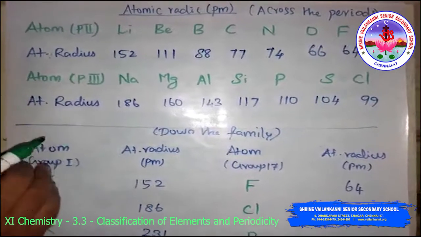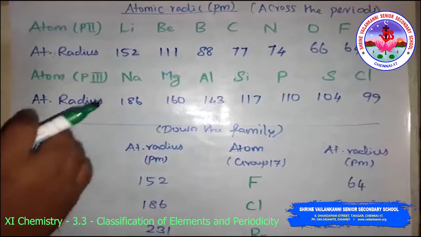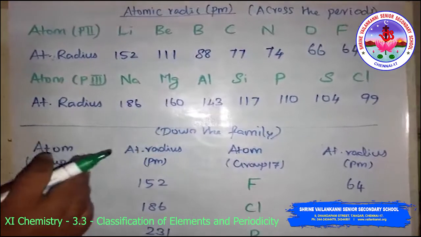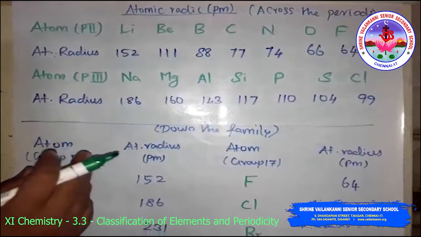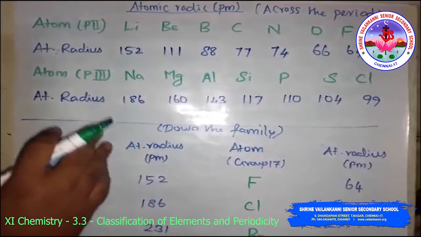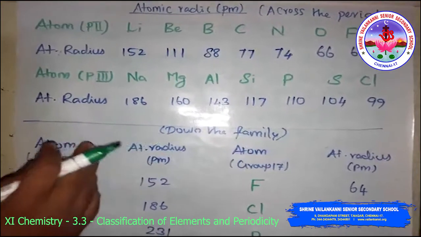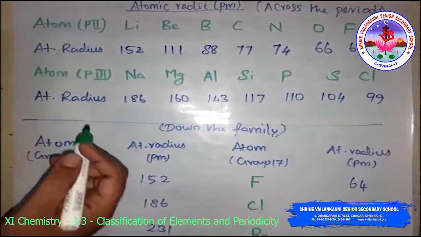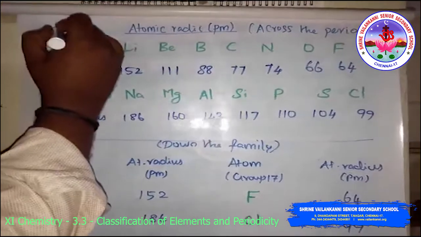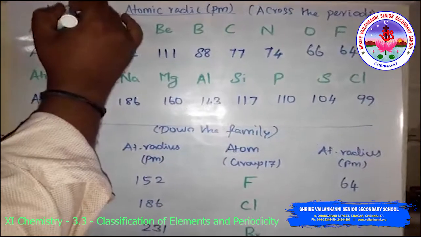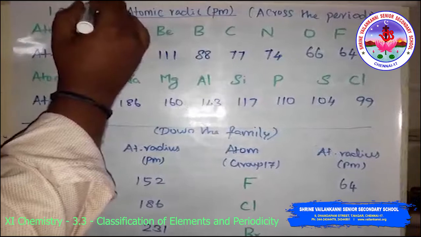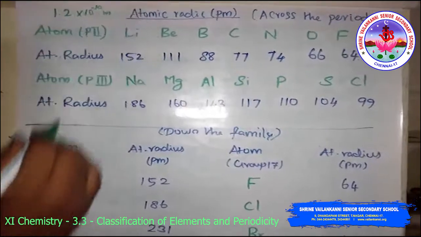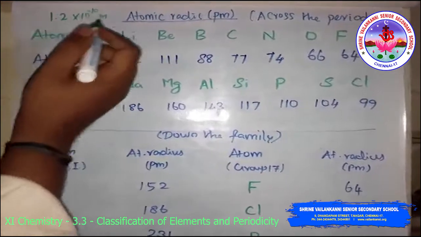The atomic radius. You can very well imagine that finding the size of an atom is a lot more complicated than measuring the radius of a ball, because the size of an atom is very small, about 1.2 times 10 power minus 10 meter in radius.